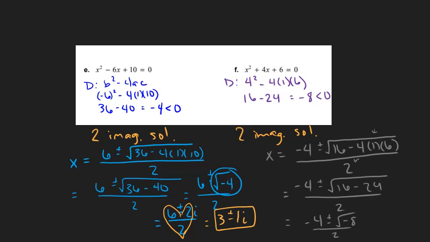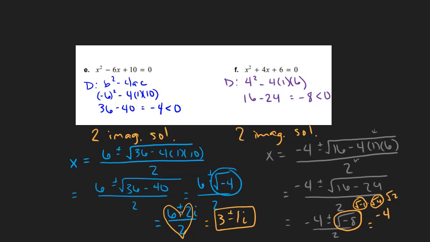Okay, now we're going to think about simplifying. So we're going to simplify the square root of negative 8. Now, you have already learned this, but we're basically going to think of this as the square root of negative 1 times the square root of 4 times the square root of 2, where the square root of 4 and the square root of negative 1 can be simplified.